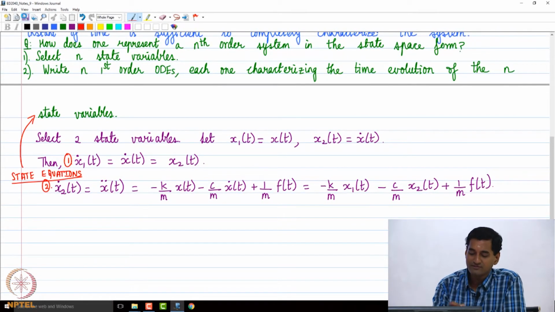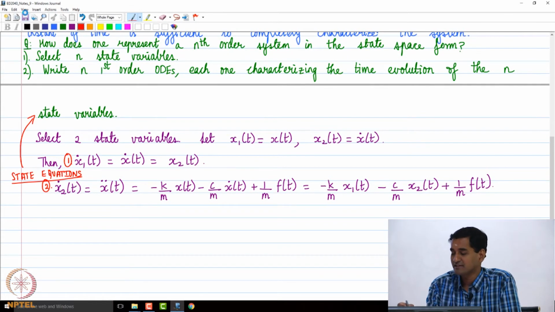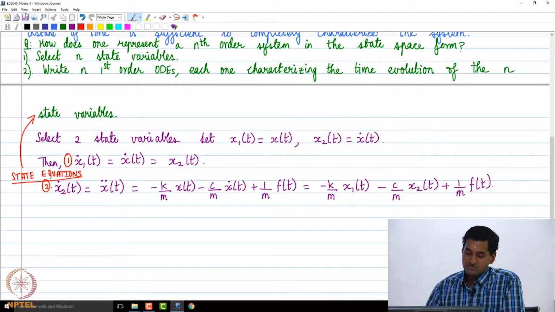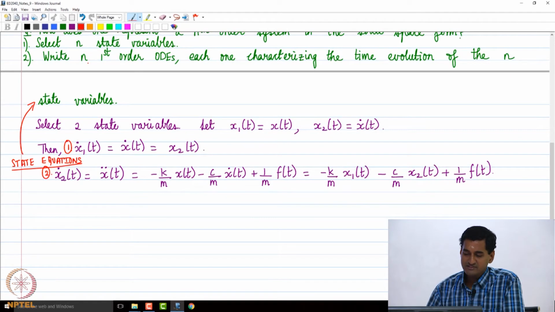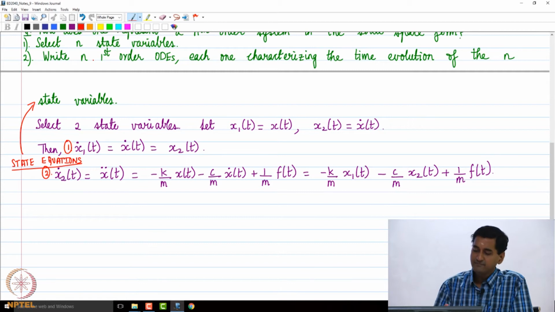I told you that we need to write n first order ODEs, each one characterizing the time evolution of the n state variables. What we have done is that we have written two first order ODEs for this particular example. State equations are essentially first order differential equations which characterize the time evolution of the state variables. These are the two scalar state equations here.